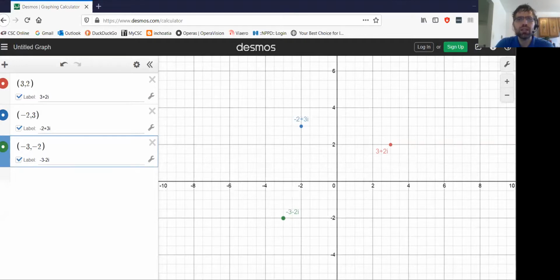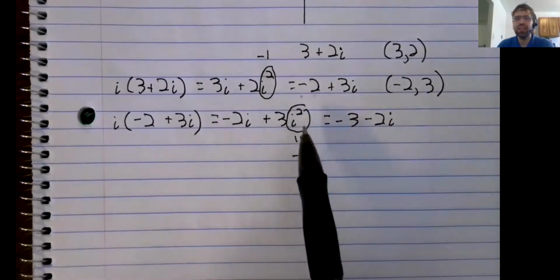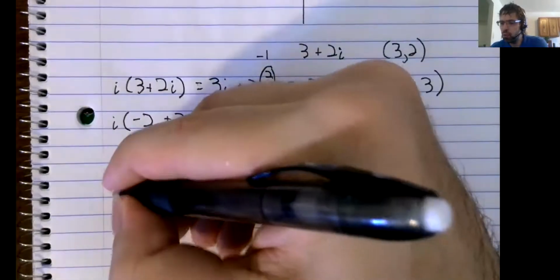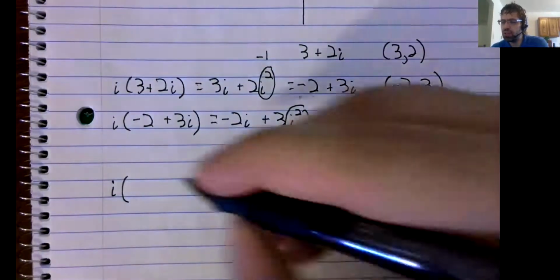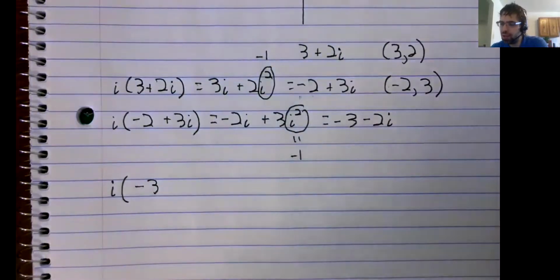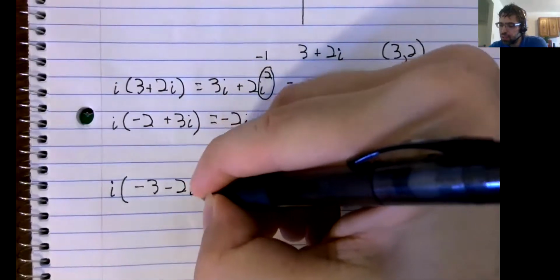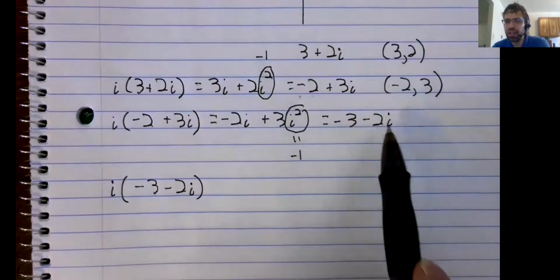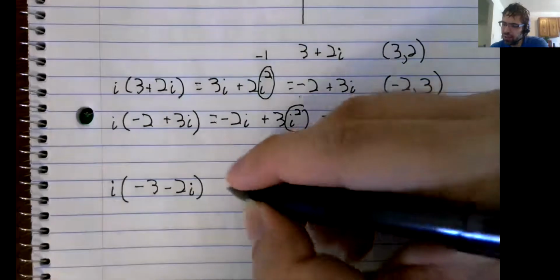And we'll go back to the document camera and repeat this process one more time. We'll take the number we just found, actually 2 more times, but we'll take the number we just found and multiply it by i.